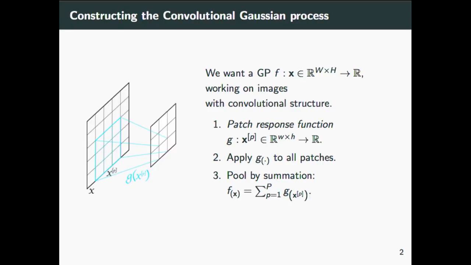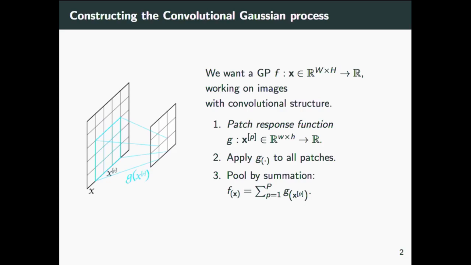We construct our image response function f by starting with a patch response function. This is similar in spirit to how convolutional neural networks work, since they take the same multiple linear features which they apply to different patches in the image.